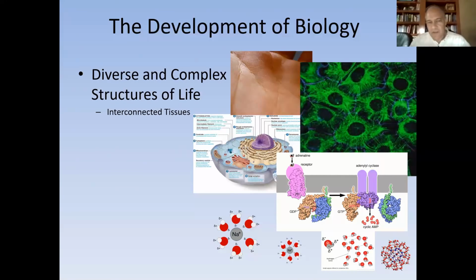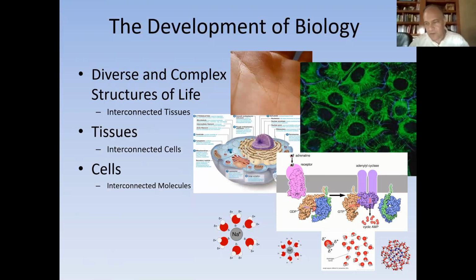All of the diverse and complex structures of life exist because our tissues are interconnected. They can communicate. And the tissues are interconnected because the cells are interconnected, and the signaling of the cells is enacted by these little molecules. It's a beautiful little orchestration of molecules inside of our cells, which also carry signals.